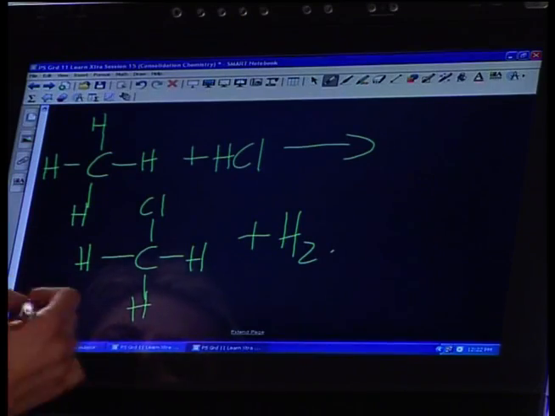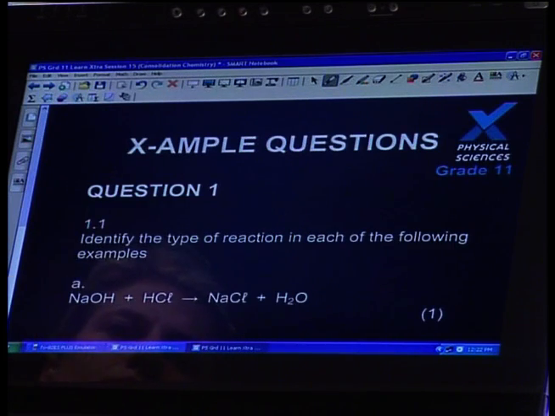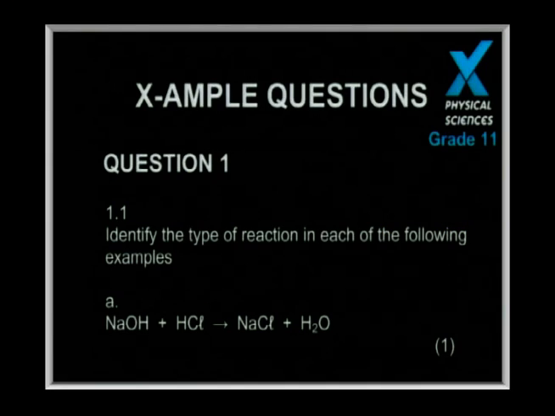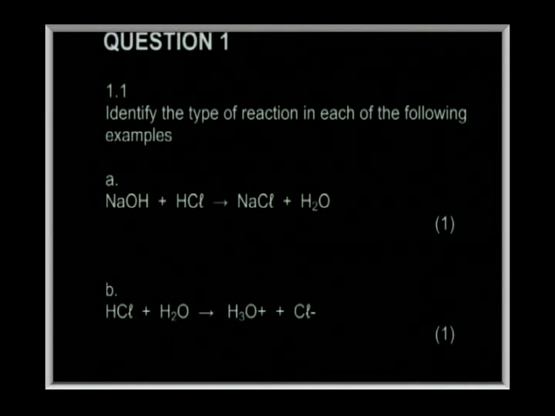Right, now let's have a look at the questions on types of reactions and see whether we are able to handle them with ease. The first question says, identify the type of reaction in each of the following examples. If you have a look at our reactants, NaOH is a base.